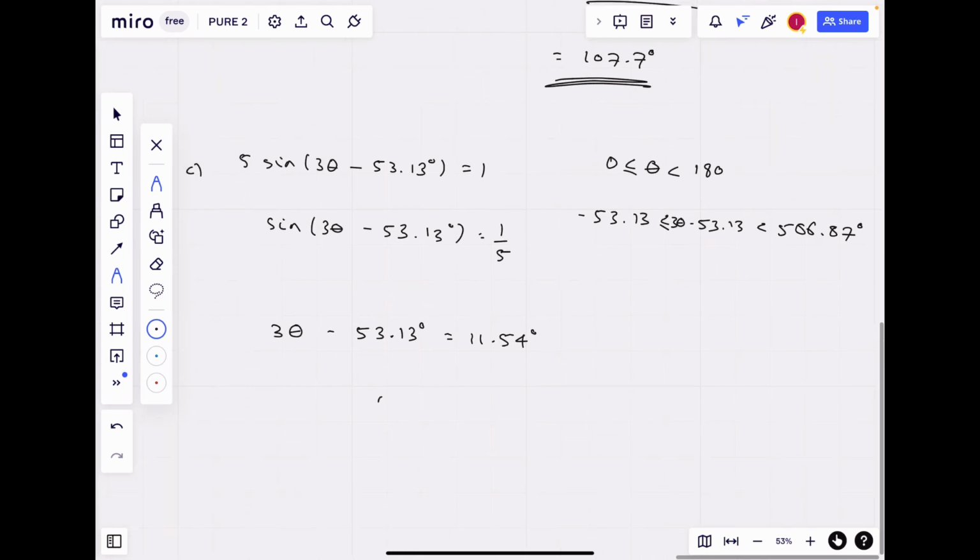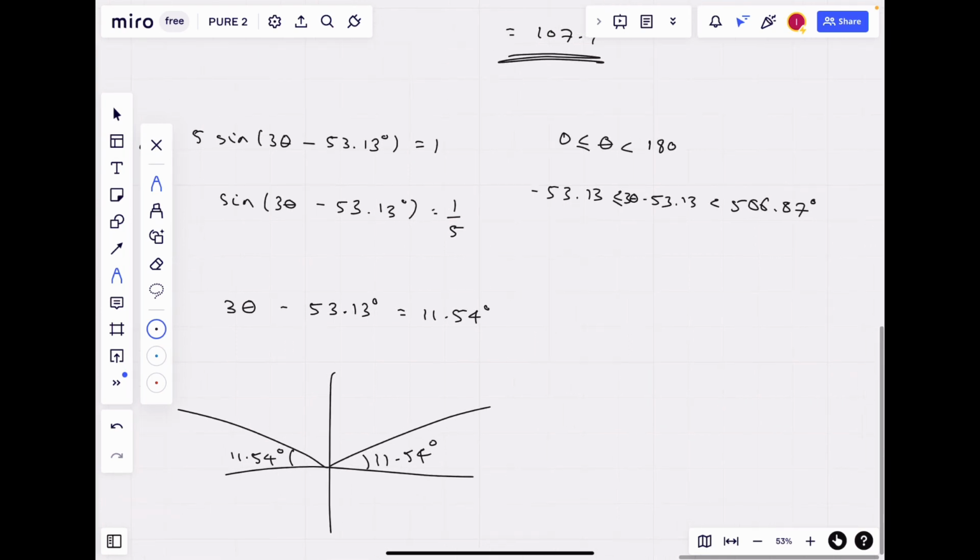Okay, now we do our CAST diagram. 11.54, its sine, so it's going to reflect this way. So the next value is 180 minus 11.54, so 168.46 degrees. The one after that would be 371.54 degrees. And now if we go any further, we've gone past our interval.